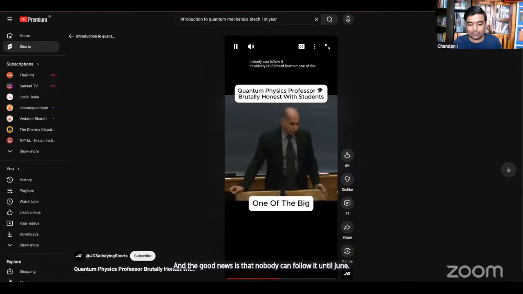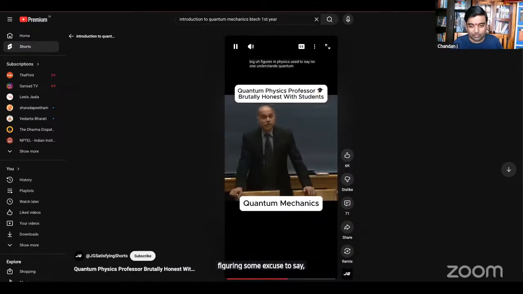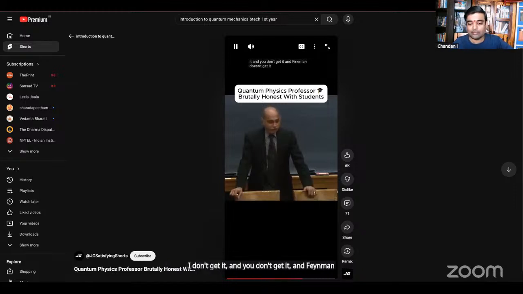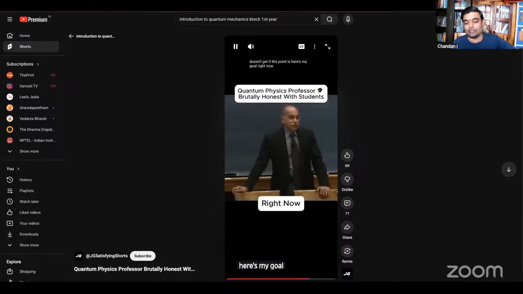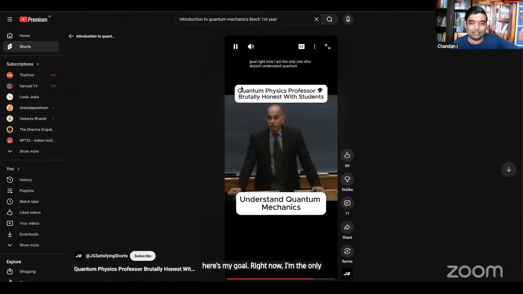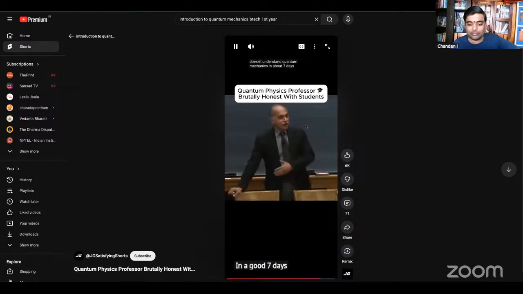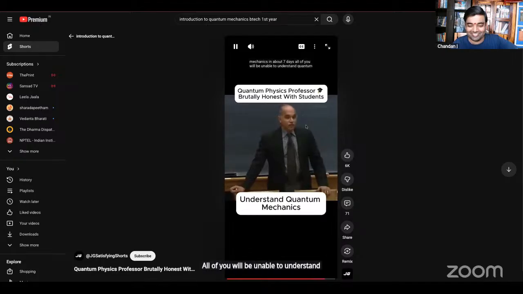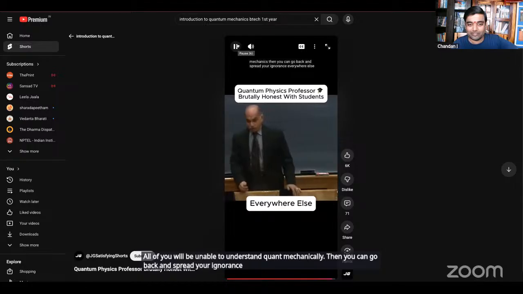Richard Feynman, one of the big figures in physics, used to say no one understands quantum mechanics. So in some sense, the pressure is off for you guys because I don't get it and you don't get it and Feynman doesn't get it. The point is, here's my goal. Right now, I'm the only one who doesn't understand quantum mechanics. In about 7 days, all of you will be unable to understand quantum mechanics. Then you can go back and spread your ignorance everywhere else.